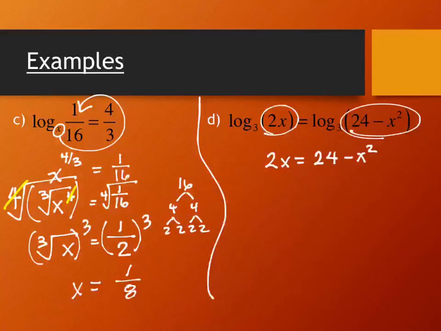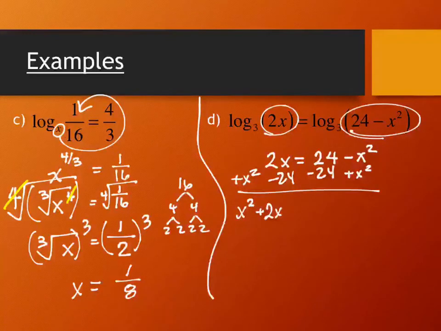Now, this actually requires us to move everything to the same side, factor and all that jazz. So I'm going to shift my x squared over here to the left. And I'm going to shift the 24 at the same time to the left. So that gives me x squared plus 2x minus 24 equals 0. We've spent a lot of time with quadratics.